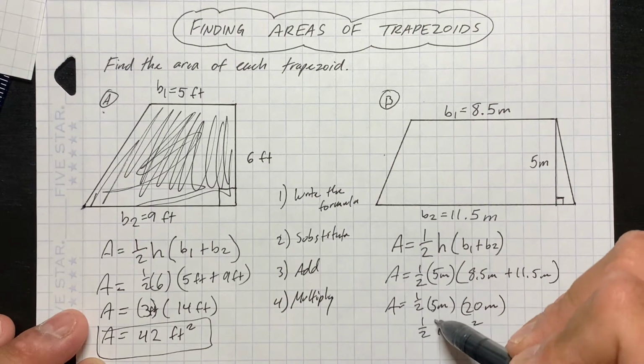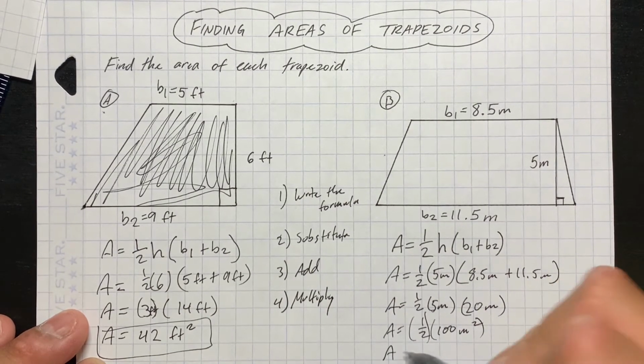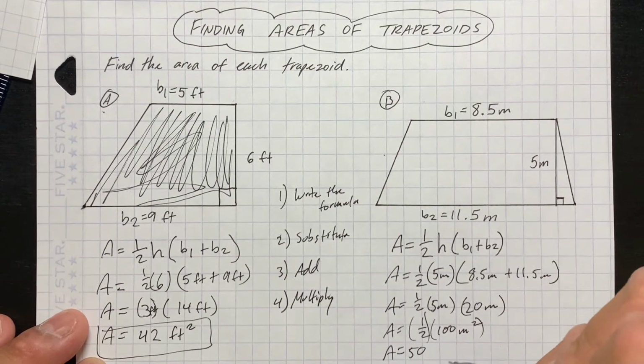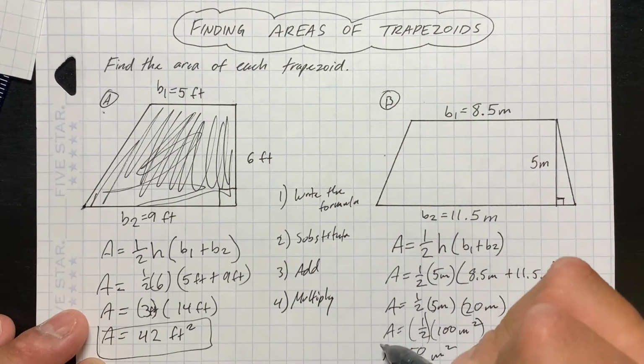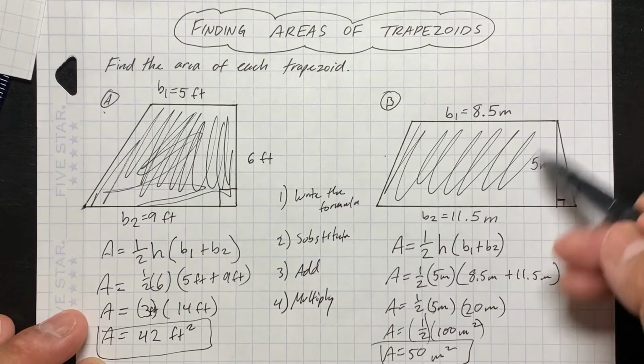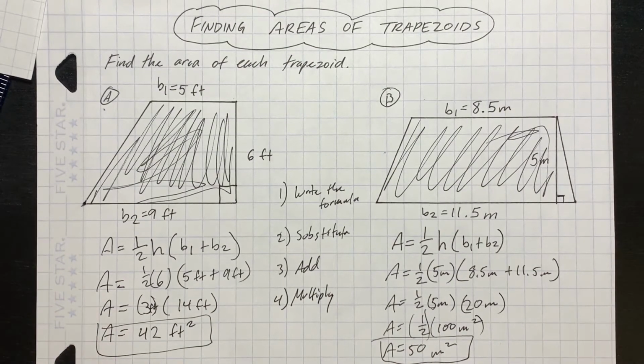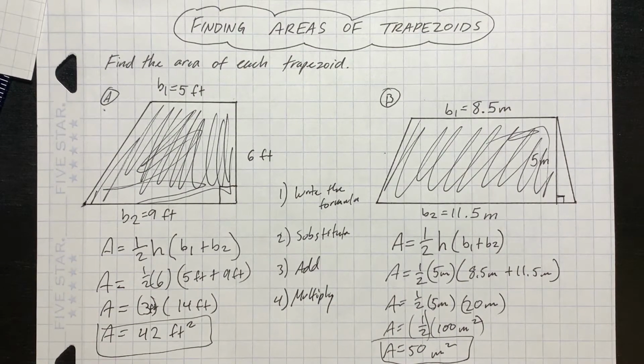And we're going to multiply that times half. Half of 100 is going to be 50 meters squared. So this whole trapezoid is going to have an area of exactly 50 meters squared. There you go. That's all there is to it.